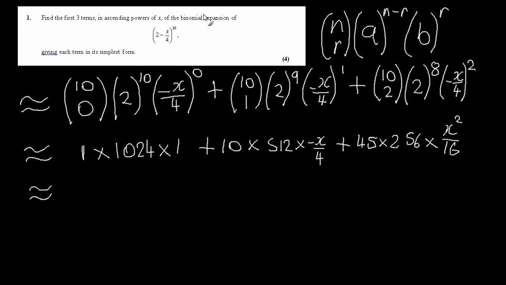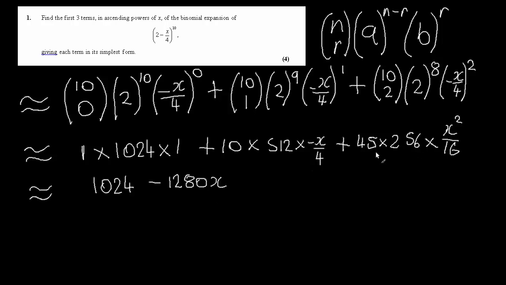So 1 times 1024 times 1 is obviously just 1024. And now we're going to be multiplying 10 by 512 and then dividing that by 4, and we're going to have a negative term because we've got a minus x, so that's actually going to be minus 1280 times x.